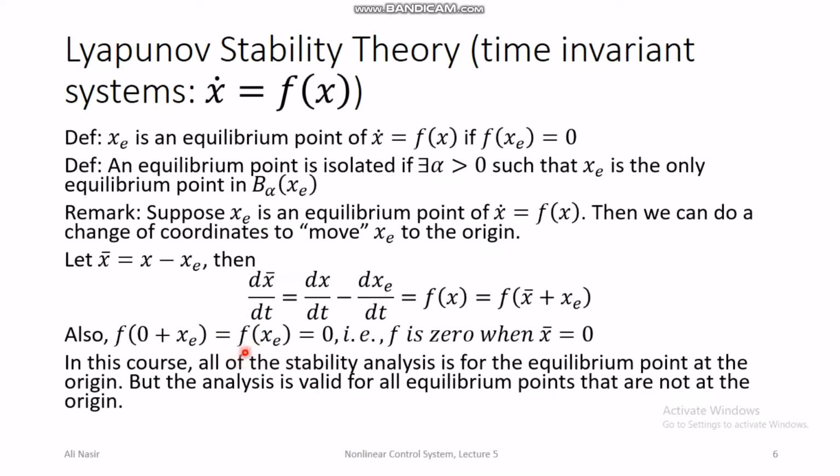So if the f function remains the same, the properties of x bar dot equal f of x bar will be the same as the properties of x dot equal f of x. So stability property will be the same. That means we can always assume that the equilibrium point is at 0, and that would be valid for all other systems for which the equilibrium point is not at 0.